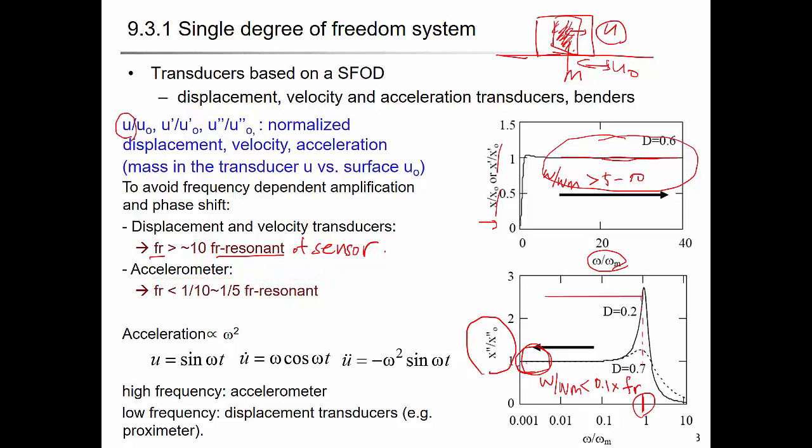So here the frequency should be lower than one-tenth to one-fifth of the resonant frequency. So when you want to measure something, you should look at what's the resonant frequency of the accelerometer, and your desirable frequency range should be lower than the resonant frequency of your sensor. Okay.